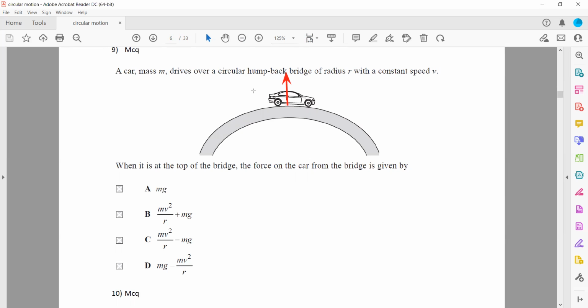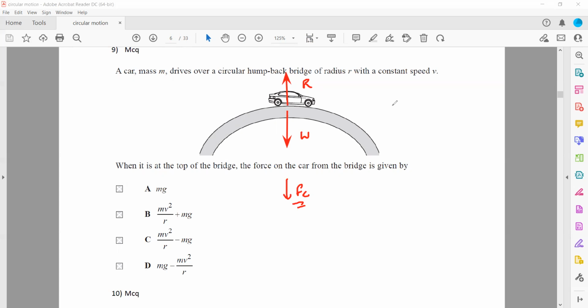So the normal contact force R is acting upward and the weight of the car is acting downward. And the result of these two will give us a resultant force, and that resultant force will be the centripetal force, which is directed towards the center.